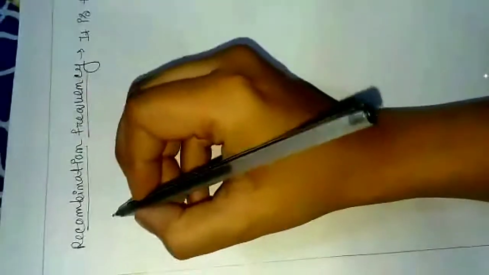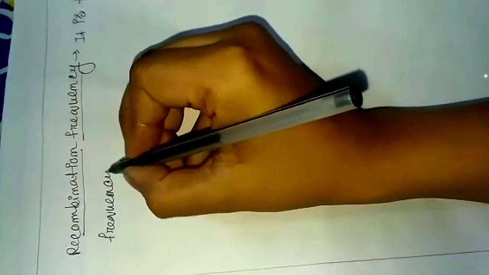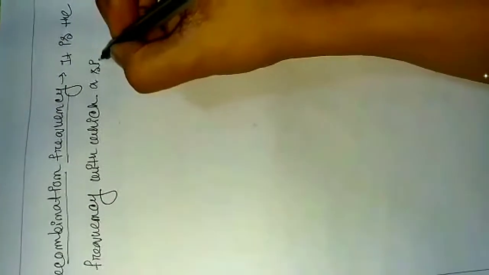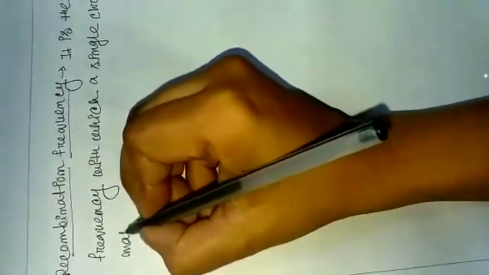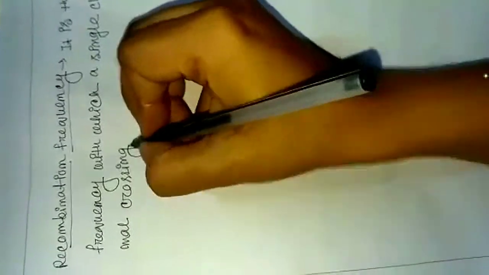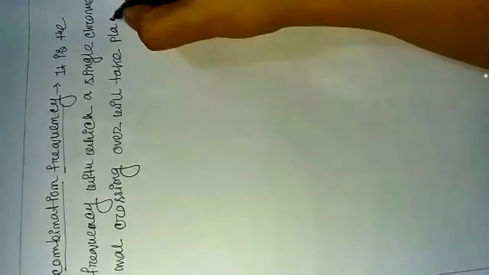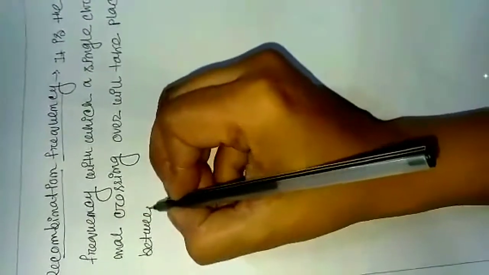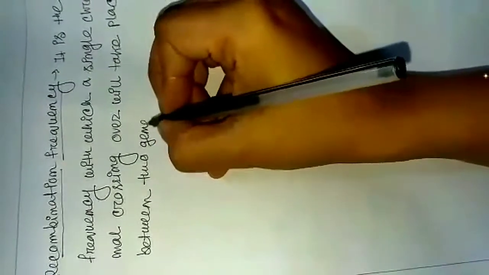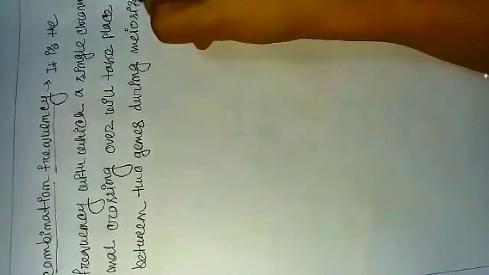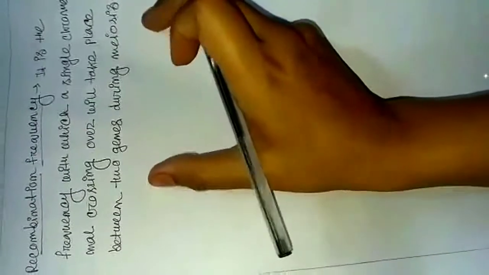So we are writing: it is the frequency with which a single chromosomal crossing over will take place between two genes during the meiosis cell division. Clear the concept of the recombination frequency.